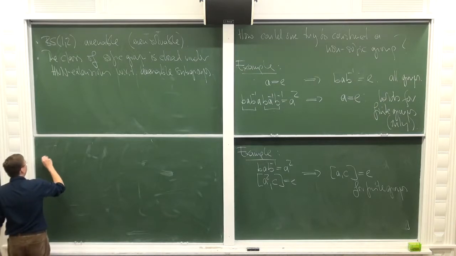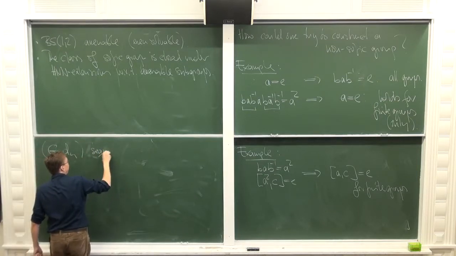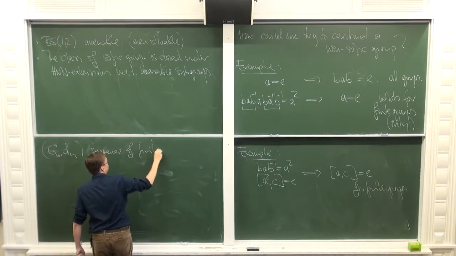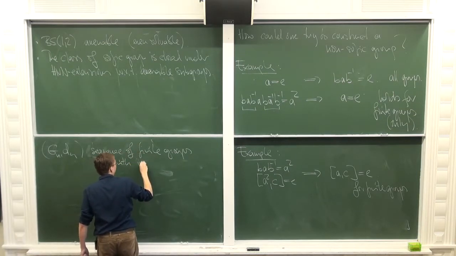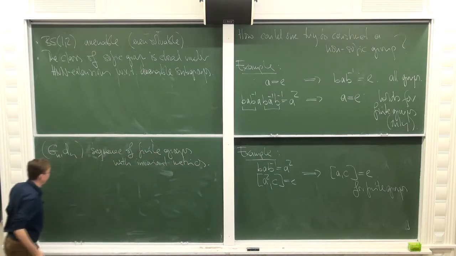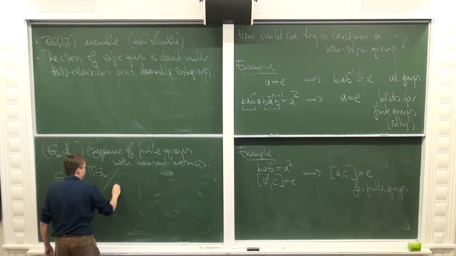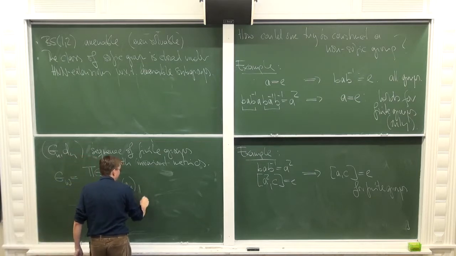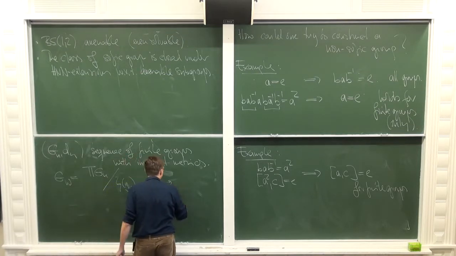So let me recall: if (G_n, d_n) is a sequence of finite groups with invariant metrics, so not just left invariant, but left and right invariant, then we have defined this ultraproduct, which was basically the product divided by the set of those sequences that, along the ultrafilter omega, tend to the neutral element in the group G_n.